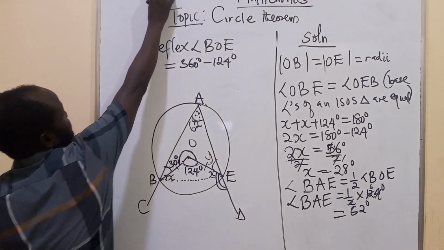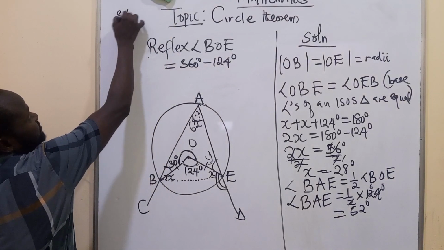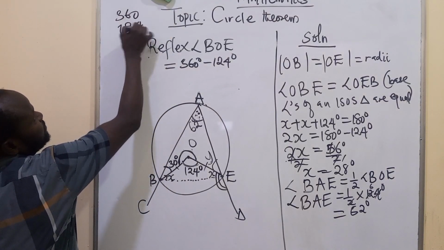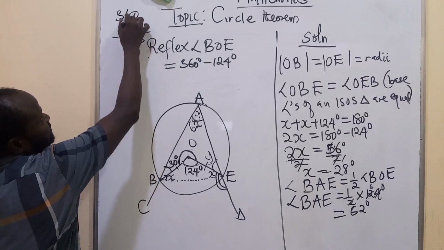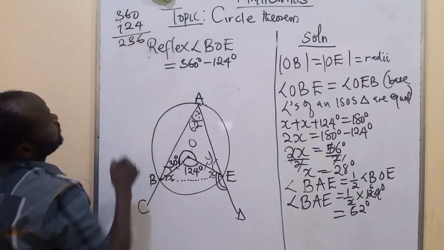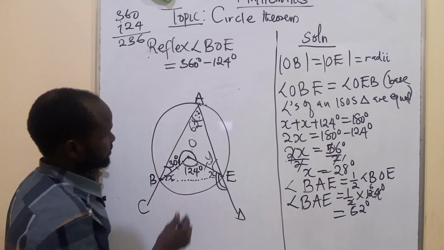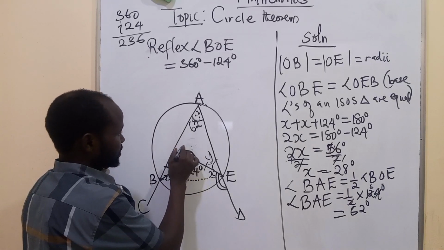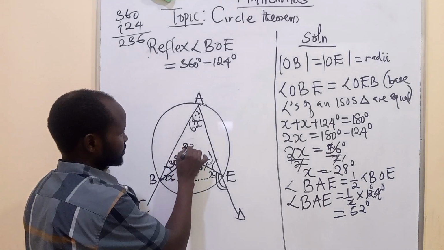So let's minus this and see. 360 minus 124, this is 10, that will be 6, 5 minus 2, that's 3, then 2. That will be 236. So the angle here will be 236.